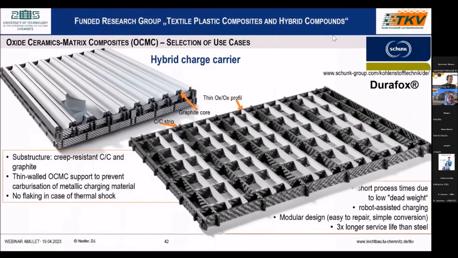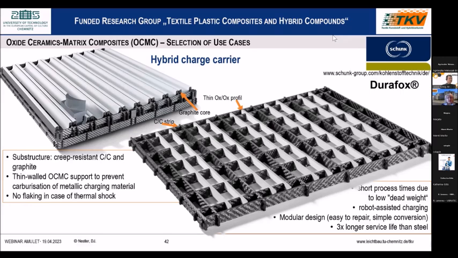Here is an example from Dr. Thomas Wanzer from the Schunk Kunststofftechnik GmbH. And here is a hybrid charge carrier. This is used today. The name from the Schunk company is Dura Fox. But what is the structure? We have the substructure for creep resistance of CC. This means you have a black ceramic with carbon fiber in carbon matrix or graphite, and then thin-walled OCMCs.